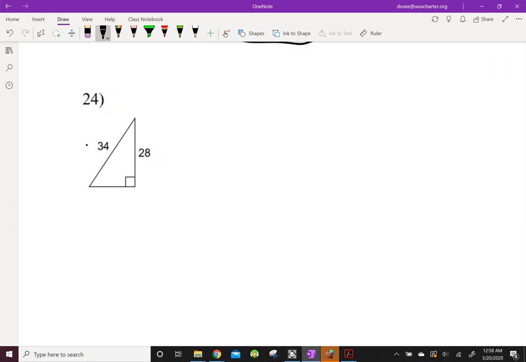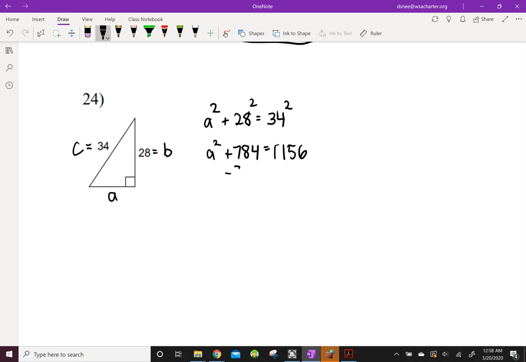We have C, and we have, whatever, call it B, it doesn't really matter. So A squared plus 28 squared equals 34 squared, and 28 squared is 784. Sure is nice to have those calculators. They're great tools. 34 up to enter, 1156.